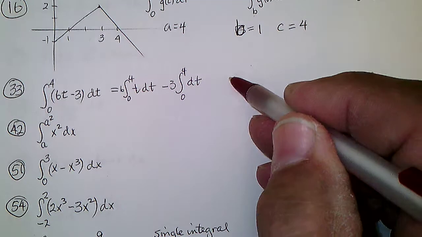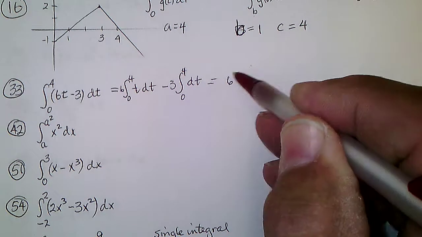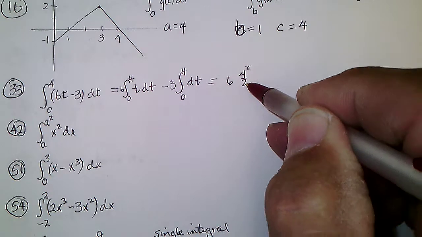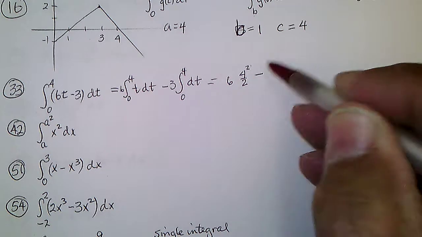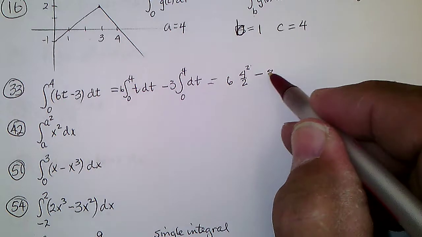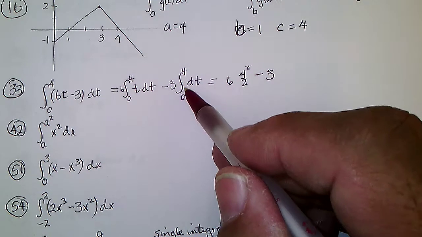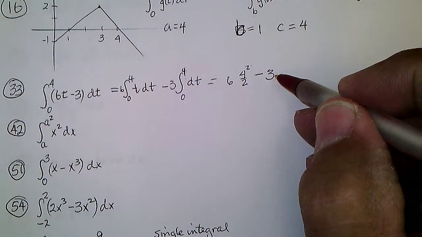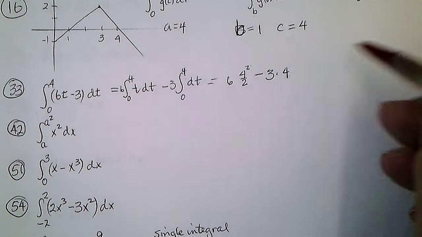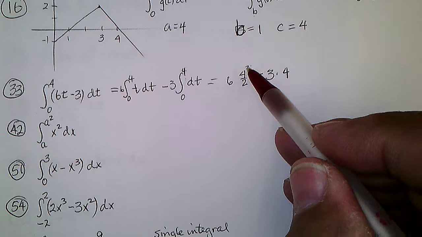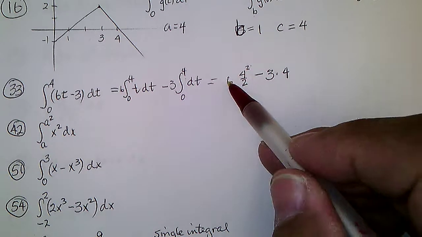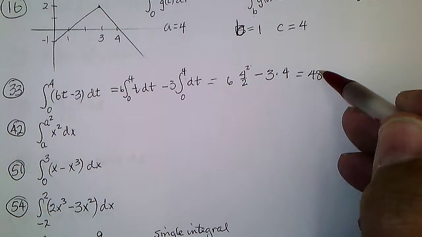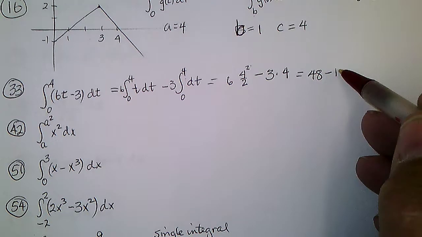So we have 6 times 4 squared over 2 minus 3, and if it's just 1, we just get the 4 times 4. So 4 squared is 16, and half is 8, so we get 6 times 8, 48, minus 12.